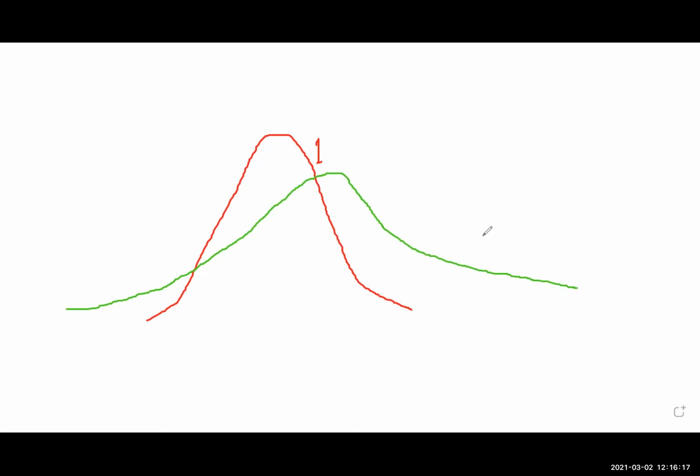In the red, this is my first product. I will put this number 1. Let's change, this is number 2. So here is, for example, the strength of a material.